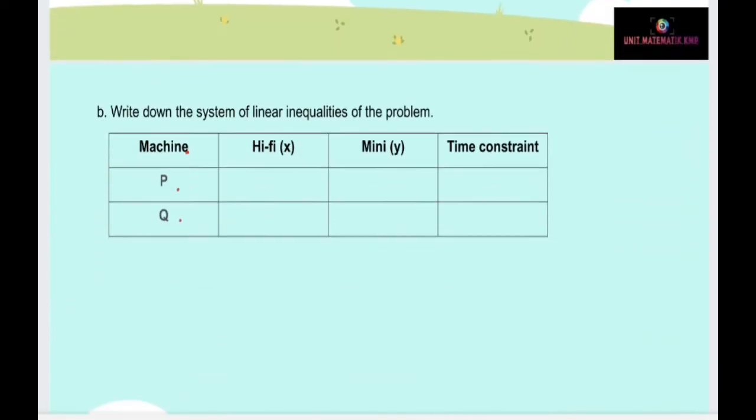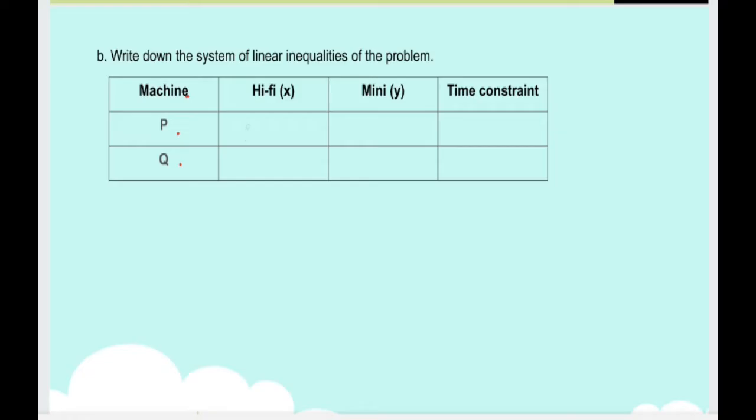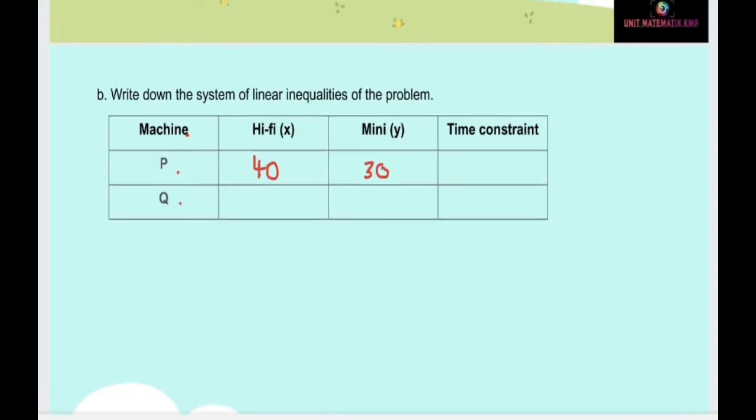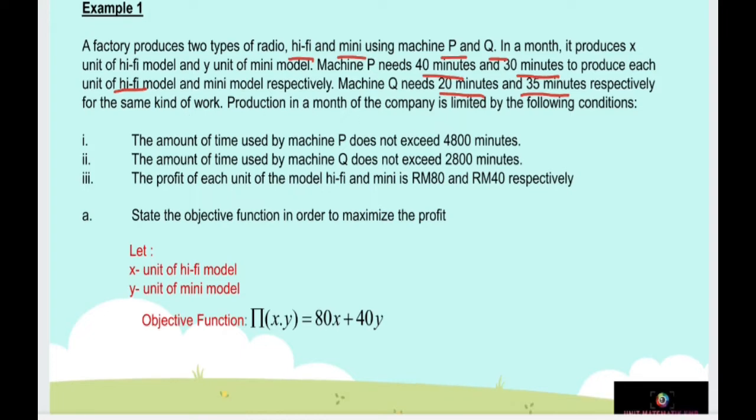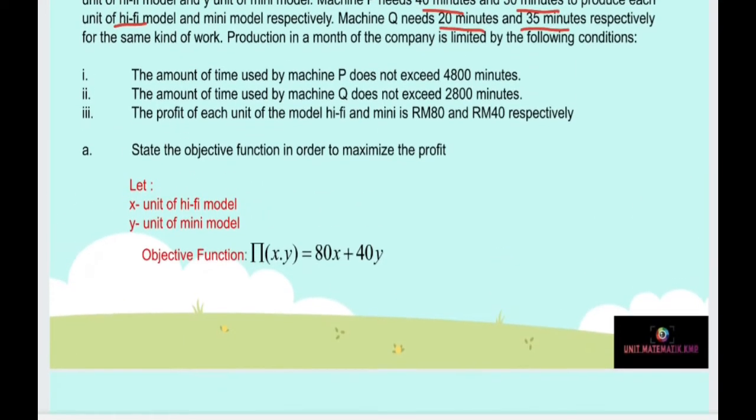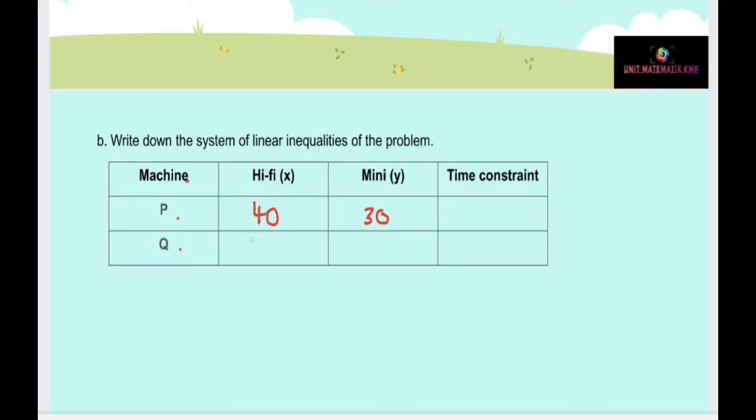So we put into the table 40 minutes here and 30 minutes here. And back to the problem, machine Q needs 20 minutes and 35 minutes respectively for the same kind of work. So for machine Q, 20 and 35.